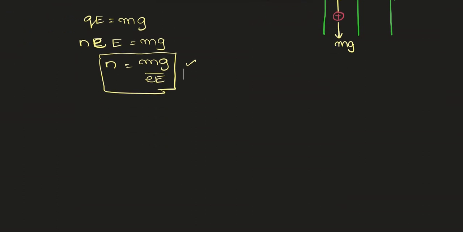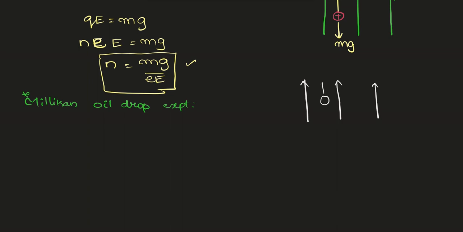This is from one interesting experiment called the Millikan oil drop experiment. Though it is not there in the syllabus, this application is an improvisation from it. In that experiment, we have a charged oil drop that balances the gravitational force, so if it is QE equal to mg, they will ask you some relation between radius and charge.